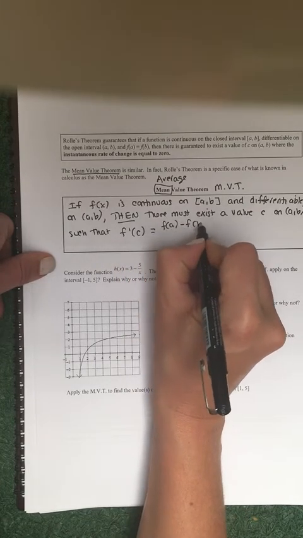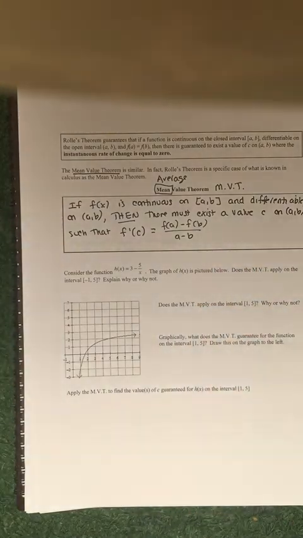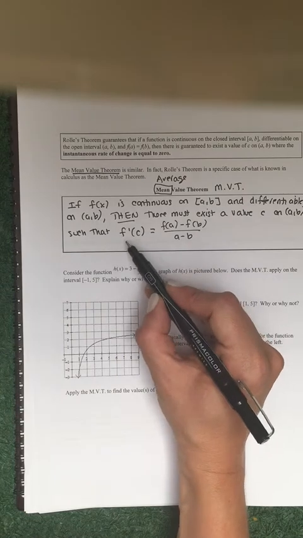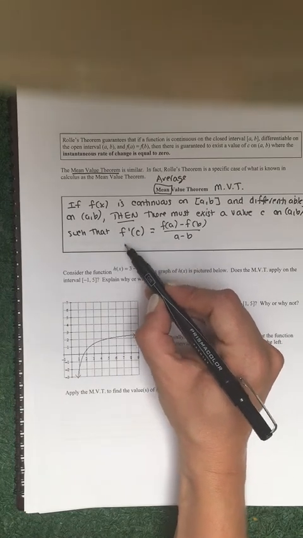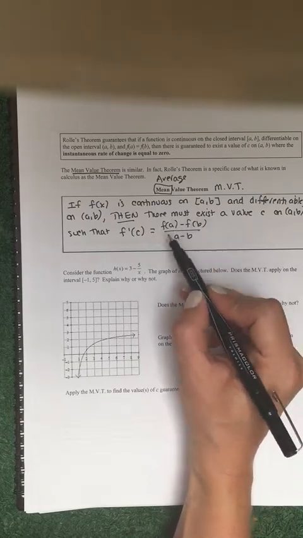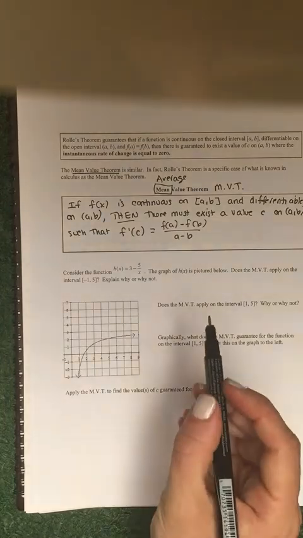F of a minus f of b all over a minus b. We're talking about a value where the derivative, the instantaneous rate of change, is equal to the average rate of change.